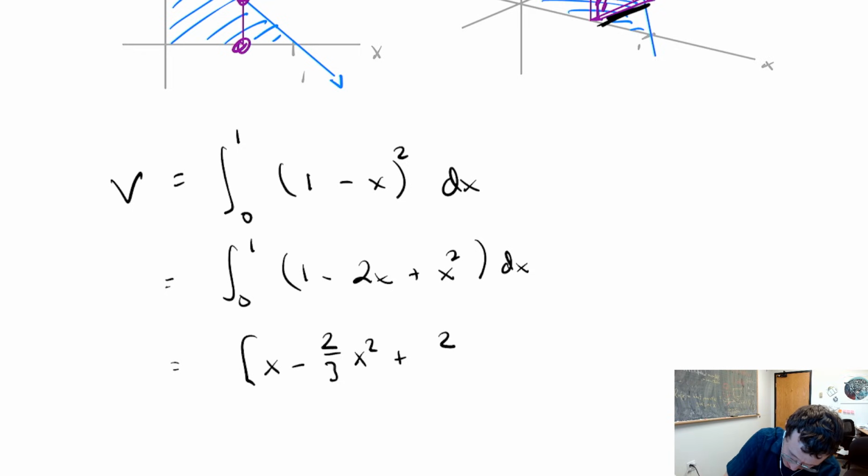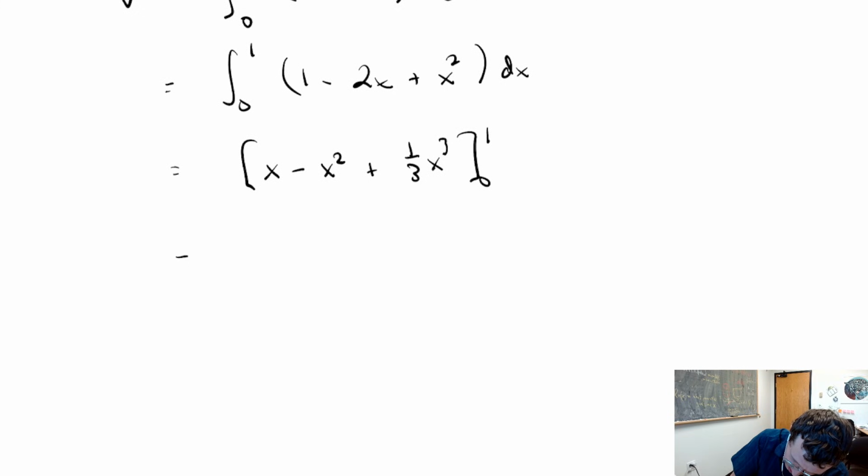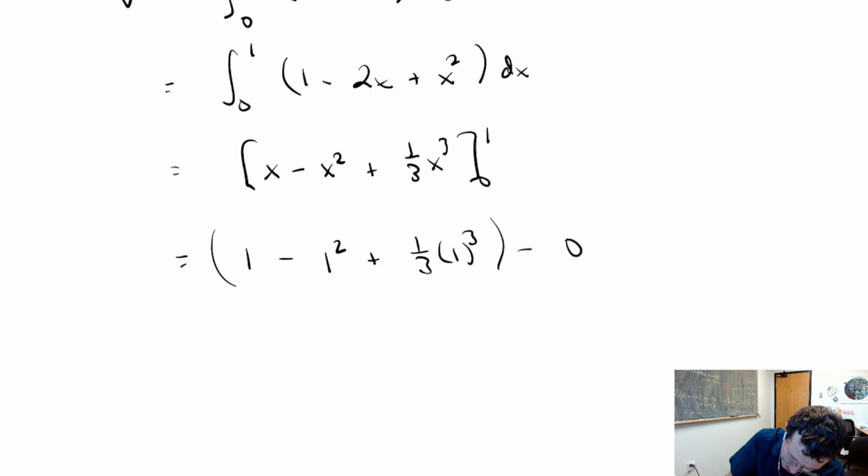Wait, nope. The integral of 2x is just x squared. And then I get 1/3 x cubed. I'm just getting 1/3.